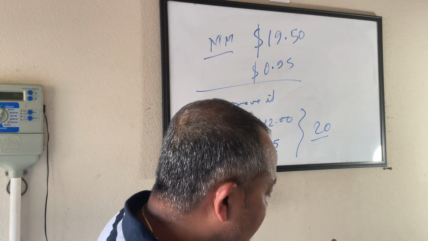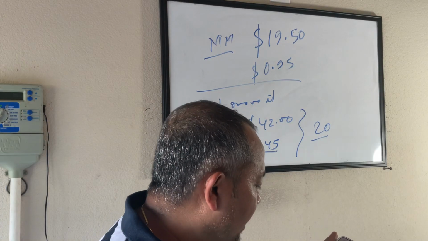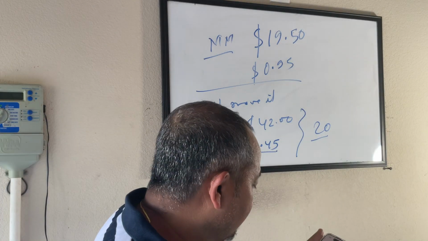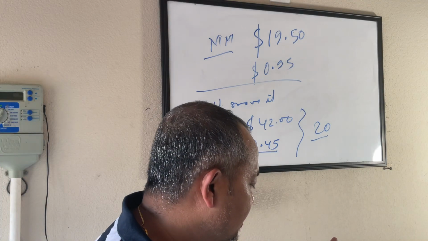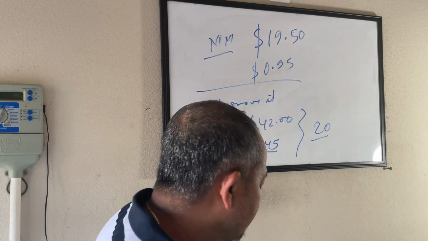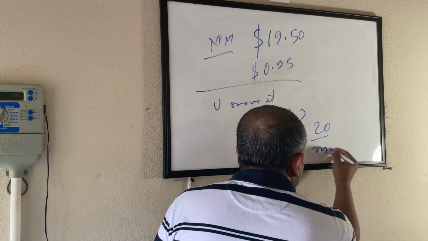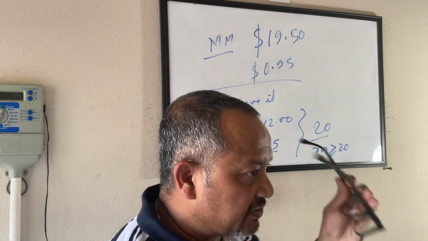Which of the following systems of equations could be used to find the total mileage M that will make the cost P of renting a moving truck for 1 day equal at both rental companies, assuming M is greater than or equal to 20. So basically you have two situations given.